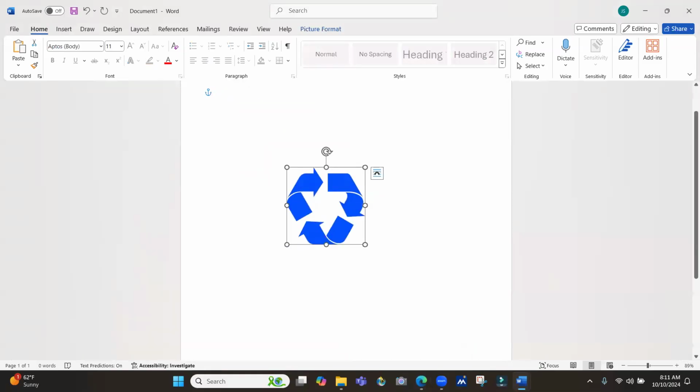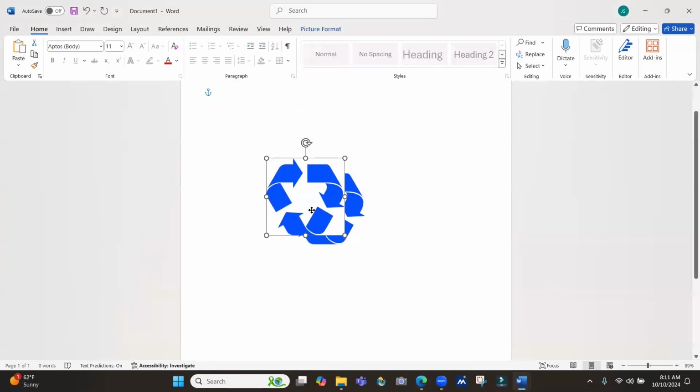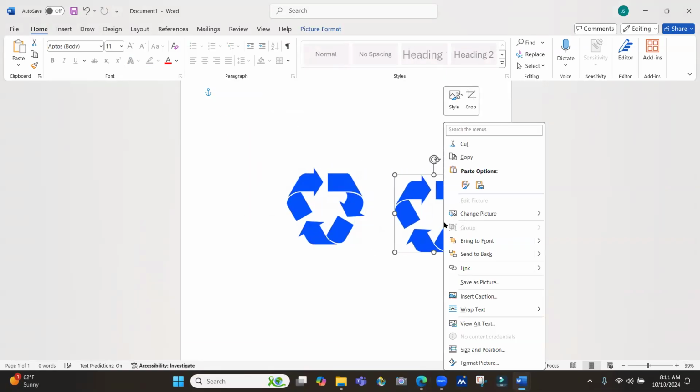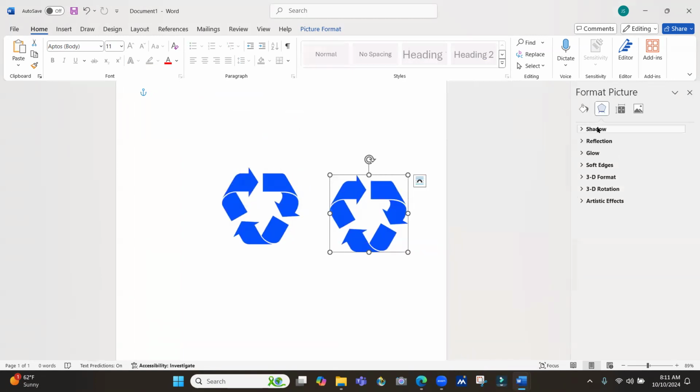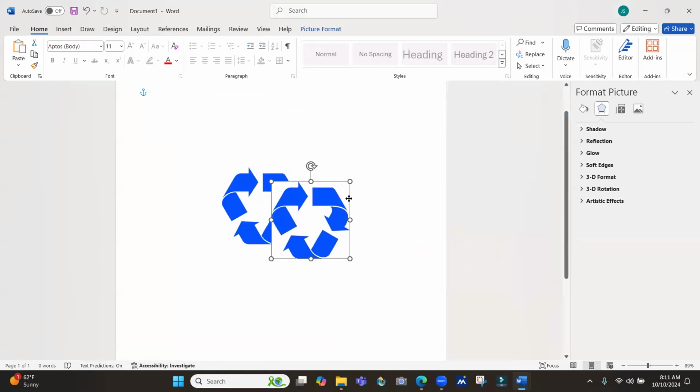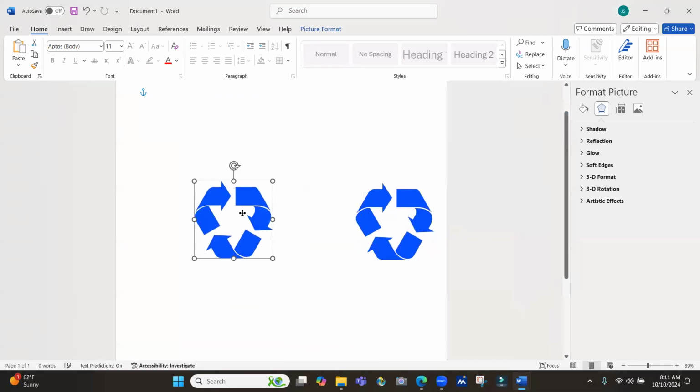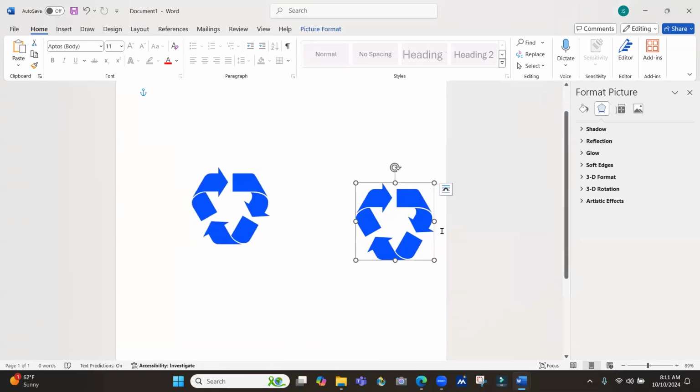I'm going to take a copy of this. I'm going to make it a little transparent. Let's see if I can do it. So guys, I'm not going to worry about the whole transparency, but I hope you can understand. If anybody knows how to make it transparent in a Word document, let me know.